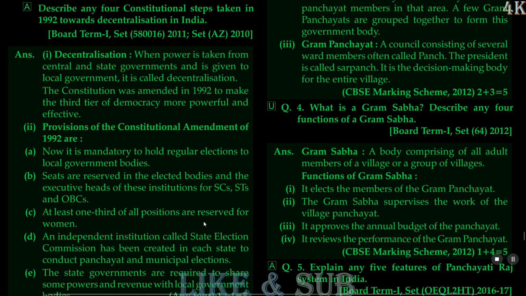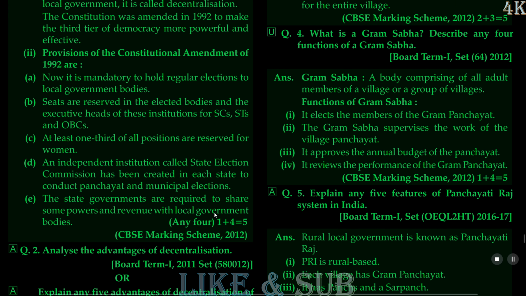Answer: 1. Decentralization: when power is taken from central and state governments and is given to local government, it is called decentralization. The Constitution was amended in 1992 to make the third tier of democracy more powerful and effective. 2. Provisions of the Constitutional Amendment of 1992 are: A. Now it is mandatory to hold regular elections to local government bodies.